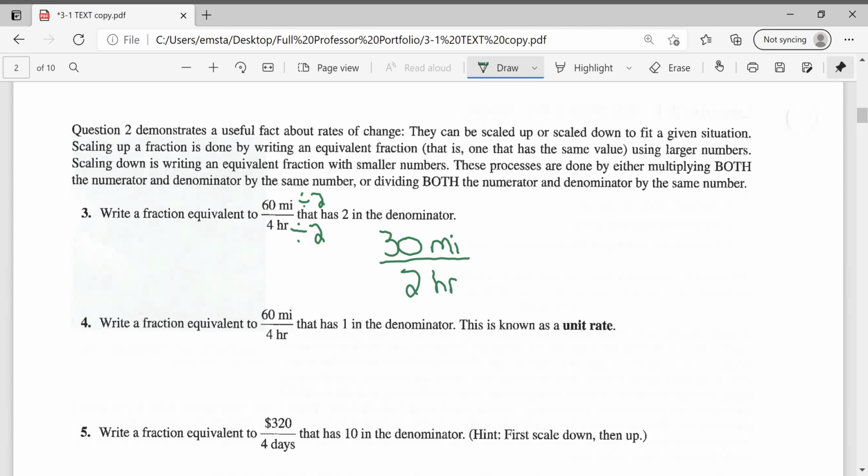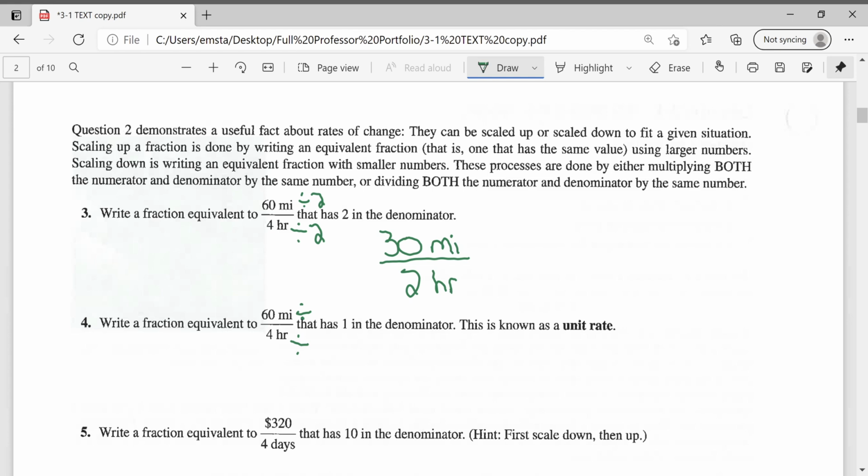Number 4 wants us to get even smaller. They want us to take 60 miles over 4 hours and rewrite it so there is a 1 in the denominator. This is known as a unit rate because it's a 1 in the bottom. It's getting smaller, so again I have to divide top and bottom by the same number. What do I have to divide 4 by to turn it into a 1?